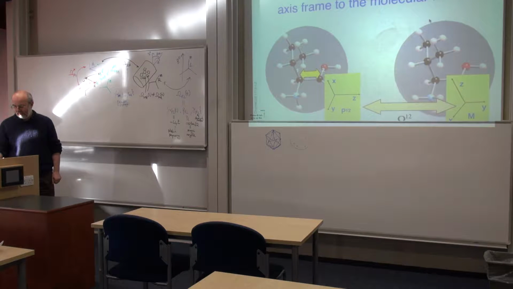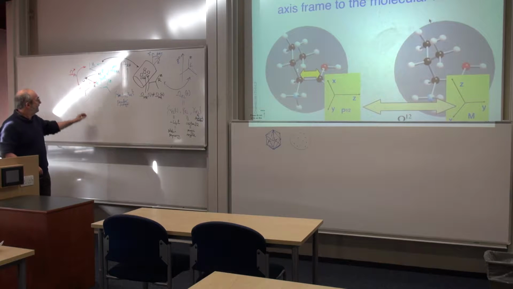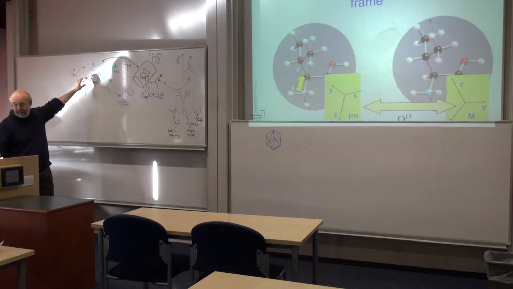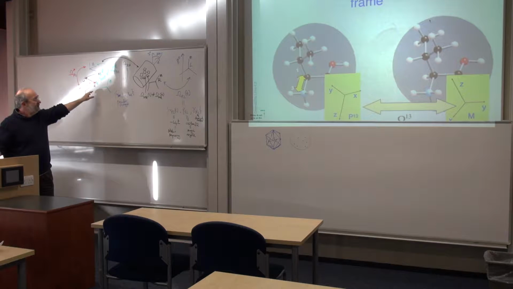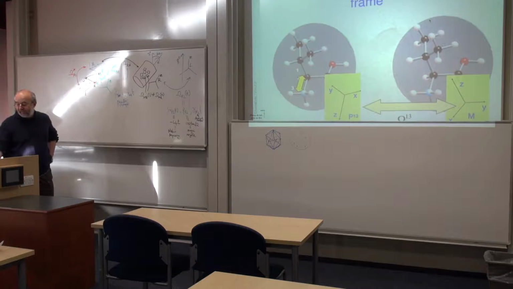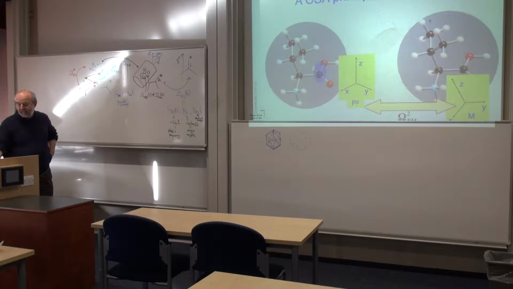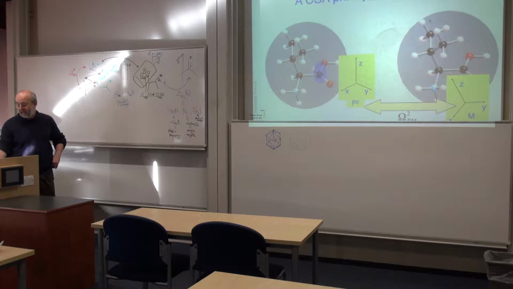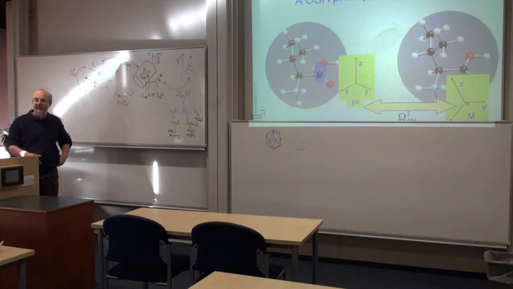Okay, so we have a dipole-dipole coupling. So this is basically what I showed here. You orient the dipole-dipole coupling with respect to the molecular frame. You might have a different dipole-dipole coupling which has a different set of angles relating to the molecular frame. If you have a chemical shift anisotropy interaction, that also has a principal axis frame which needs orienting, but always with respect to the same molecular frame.